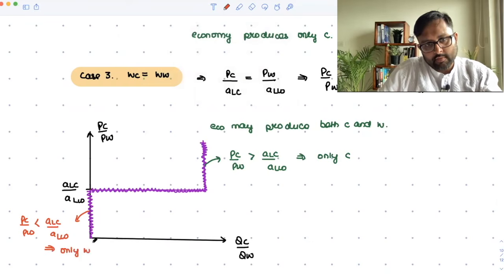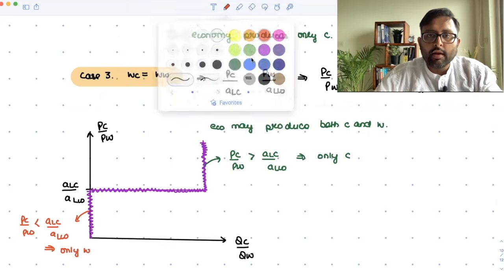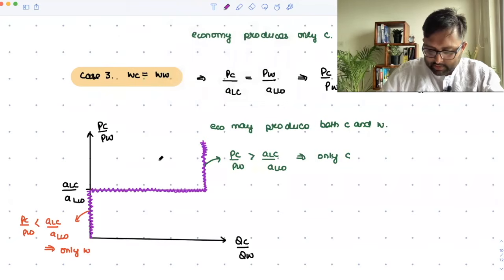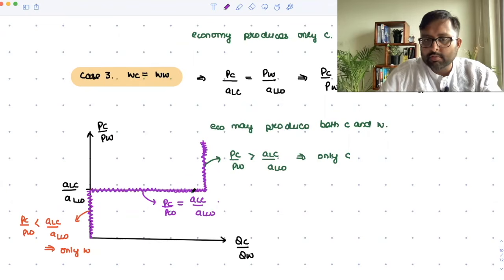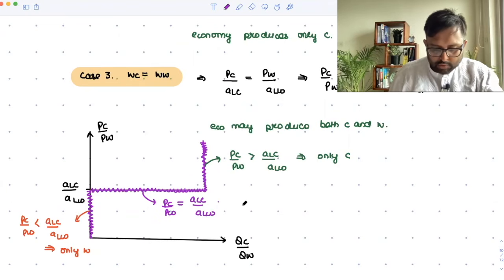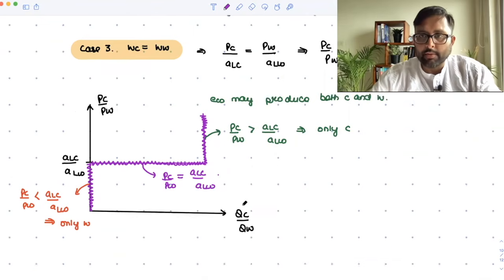Only wine. And this case is what? PC by PW equals ALC by ALW. You can produce both cheese and wine, whatever you want to produce.